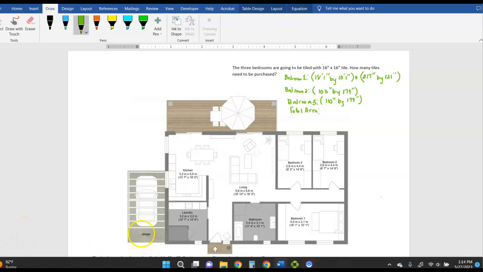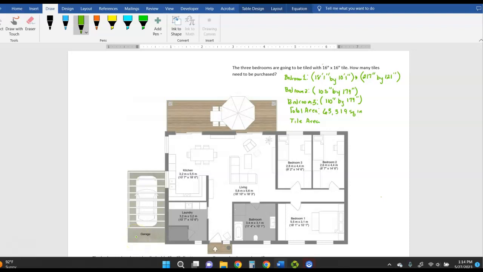So our total area is 63,319 square inches. Again, because we're taking inches times inches, we end up with square inches. And area is always those square units. Now the area of the tile, remember they're 16 inches by 16 inches, so they're square tile.